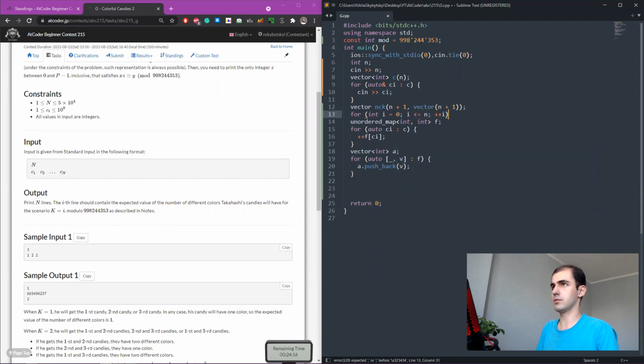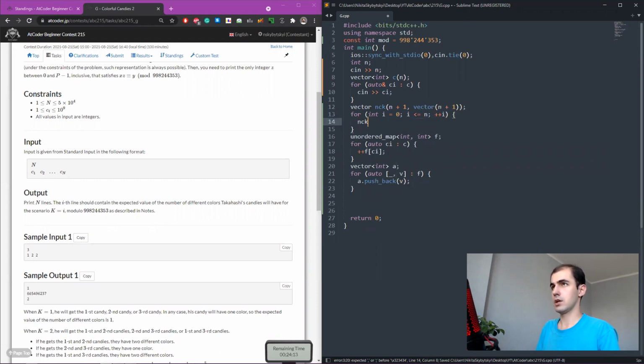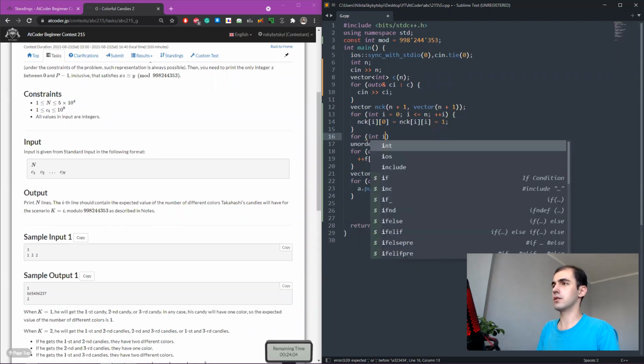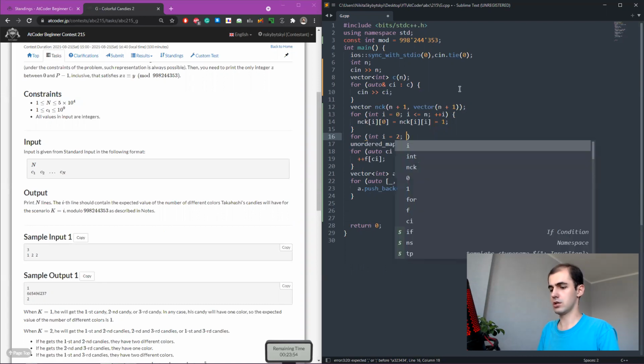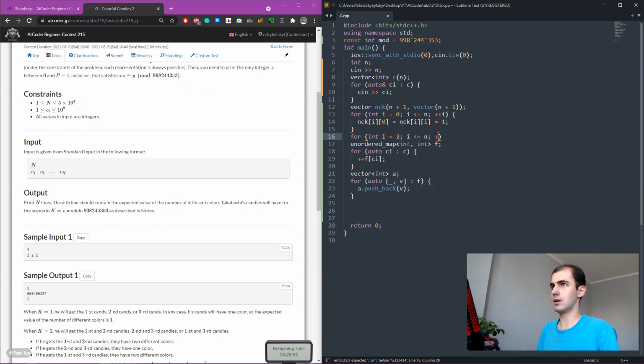And that is actually possible, so n choose k of i gets 0 and n choose k of i gets 1. Then, oh no, it's still going, but at least it's not that obvious. So here we go from 2 up to n inclusive.